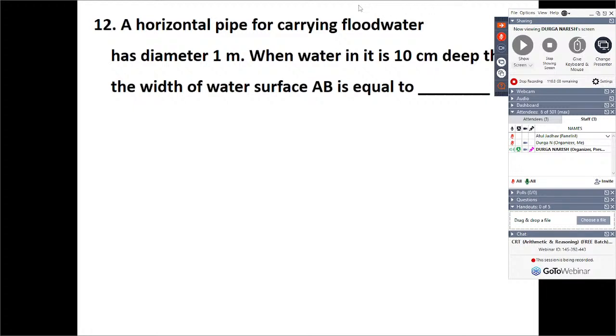When the water in it is 10 centimeters deep, then the width of the water surface AB is equal to what?